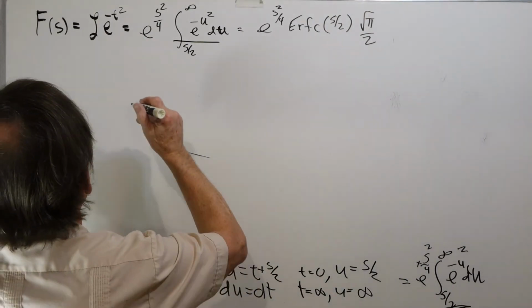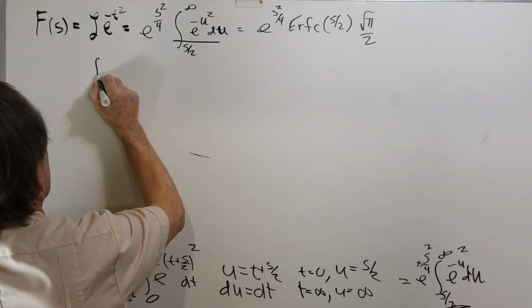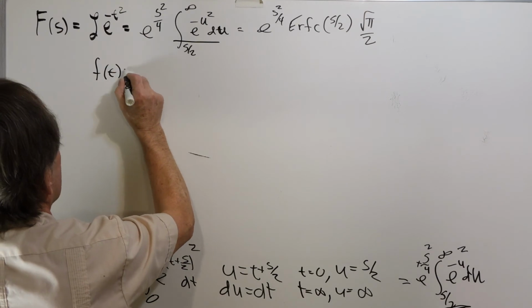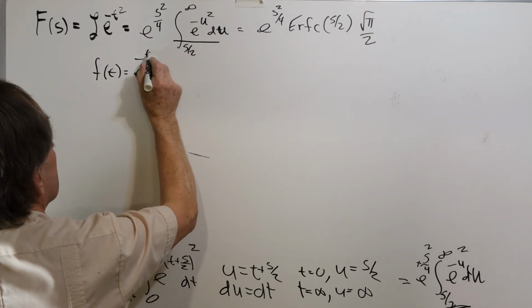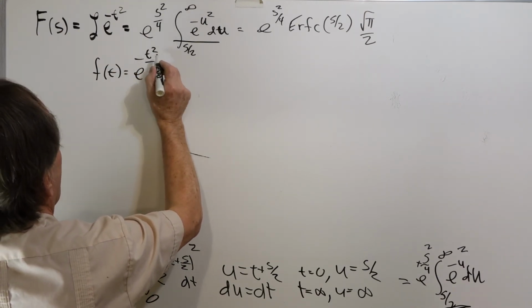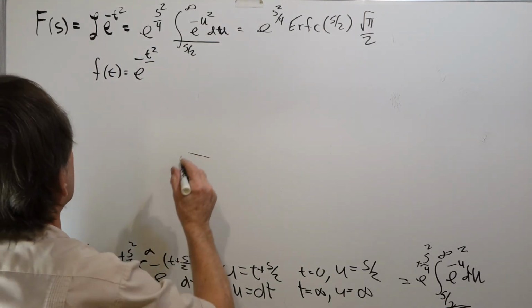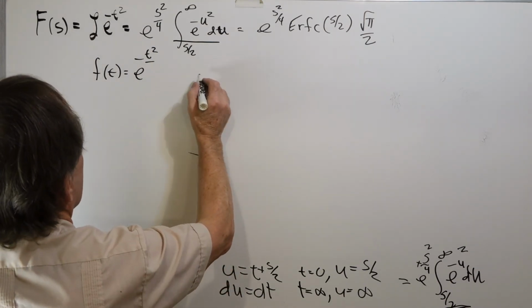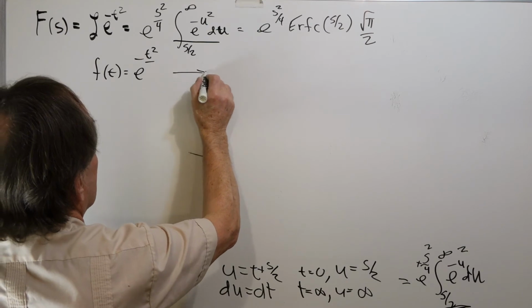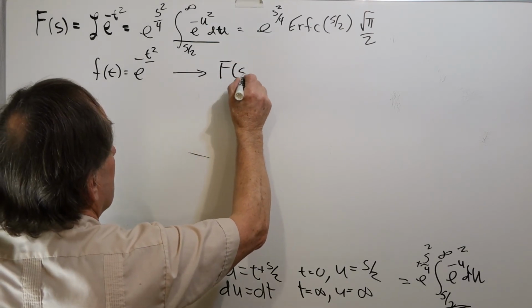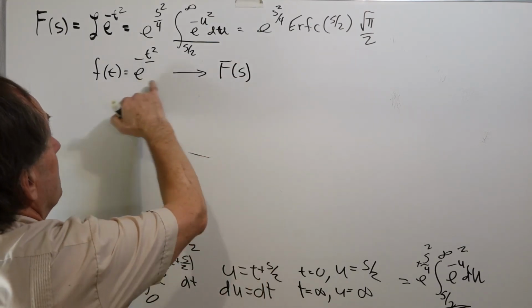So in the t domain, f of t is e to the minus t squared. Then we go into the Laplace domain to compute F of s.